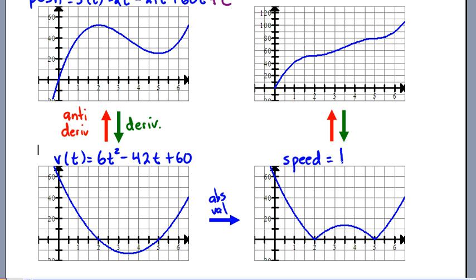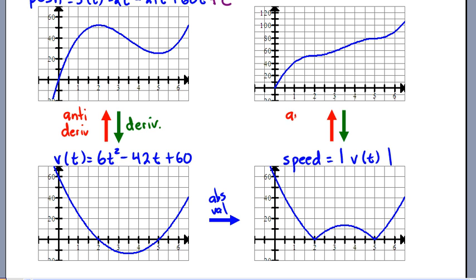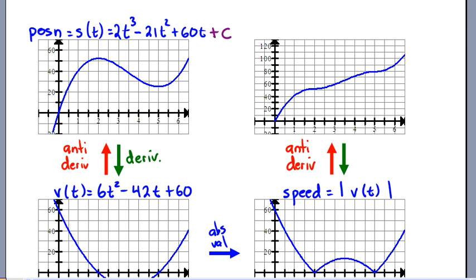So speed is the absolute value of the velocity graph. That's how you draw the speed graph. If you take the speed graph and integrate it, if you do an antiderivative, then you can find the distance that you've gone. So distance is actually the integral of speed dt.